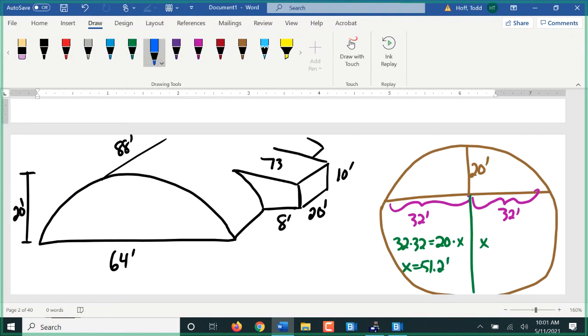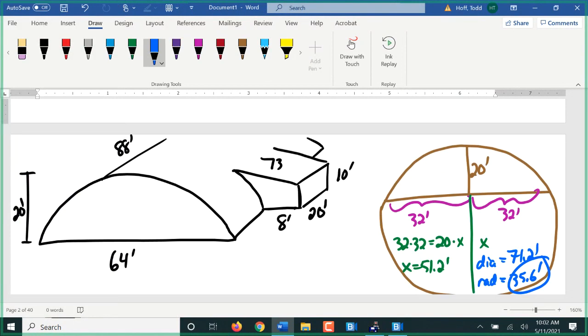So that gives us that our diameter is 71.2 feet and our radius is 35.6 feet. Couldn't have made it nice and made that a whole number for you. Sorry about that.